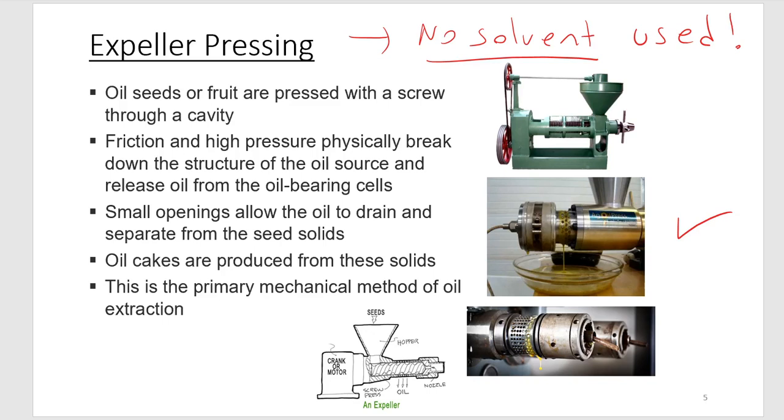It's a clean process because no toxic organic solvent is used. But the disadvantage is that the oil yield is low. With this method, we cannot extract all of the oil. Good amount of oil stays in the cake, oil cake.